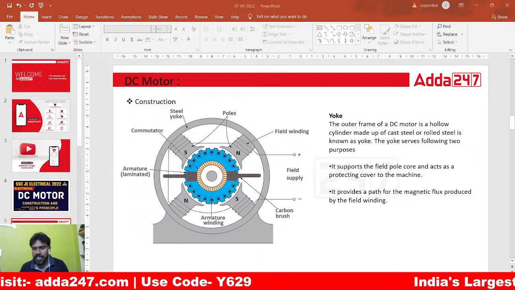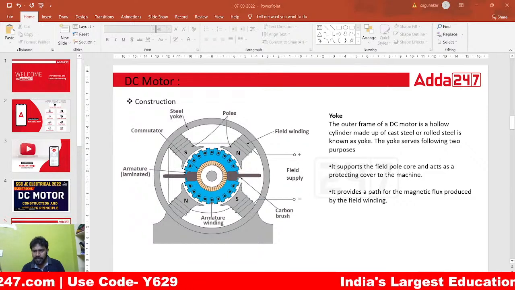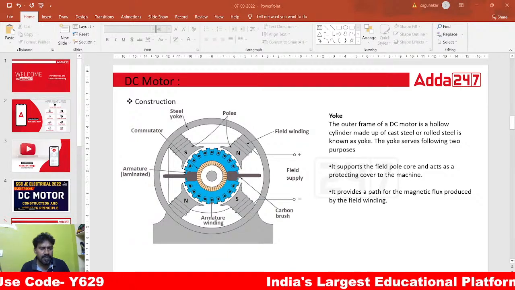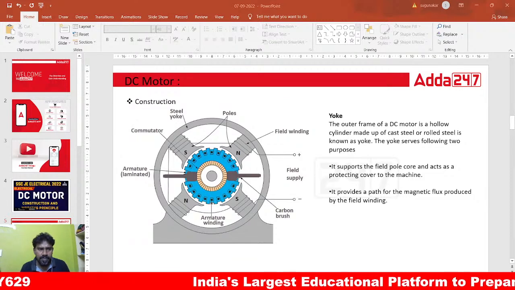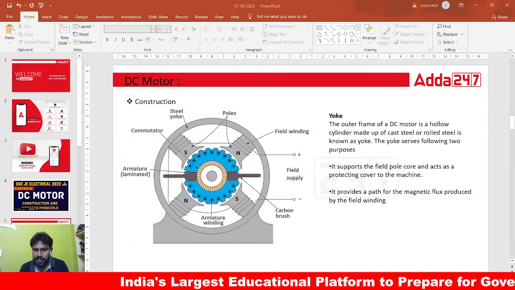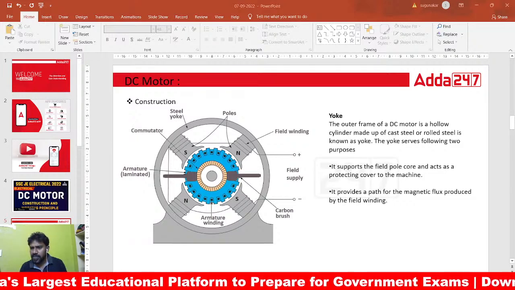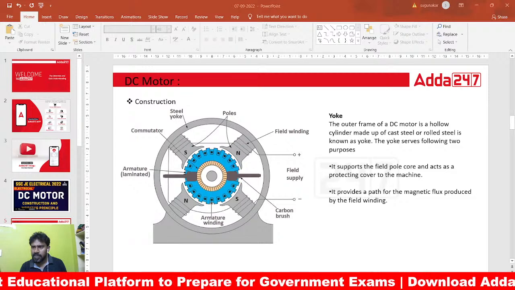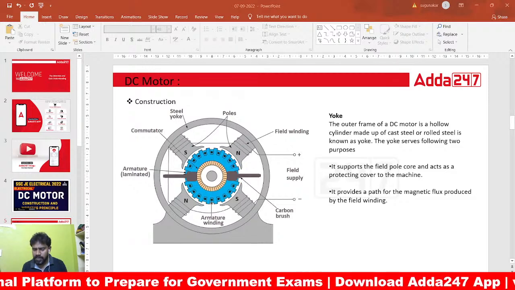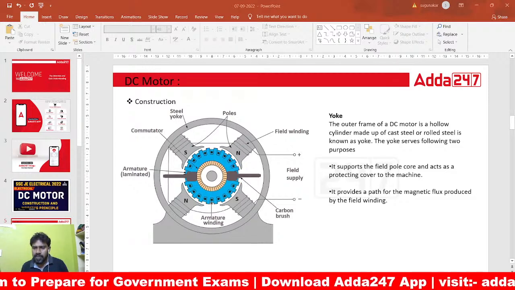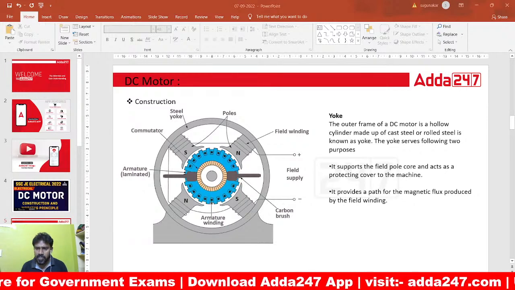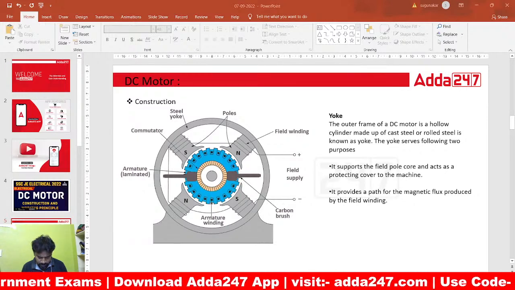It should convert electrical to... anyone?